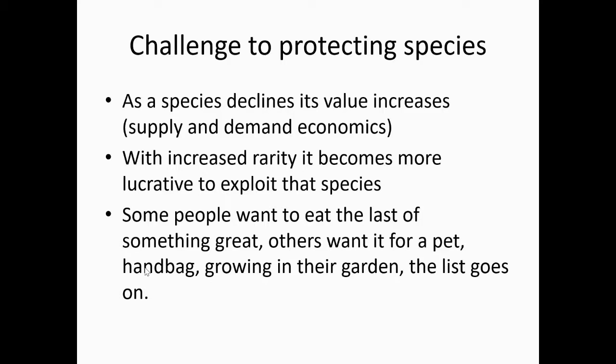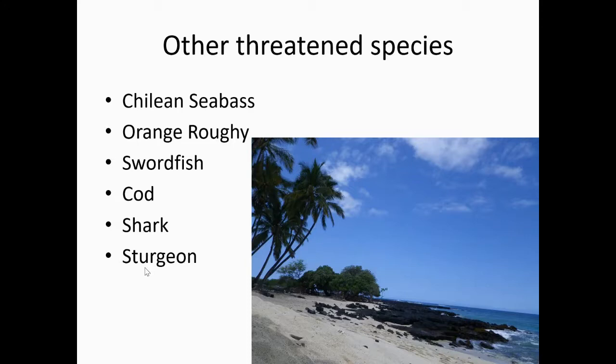As supply declines, its value increases. And then it becomes more lucrative to exploit that resource. And there are a bunch of weirdos out there that want to eat the last of something great. Others want it for a pet. I mean, they put them on handbags, growing in their garden. The list goes on. These are other fish that are currently threatened, and people are encouraged not to eat them. One of the worst being Chilean sea bass, which is too bad because it is delicious.